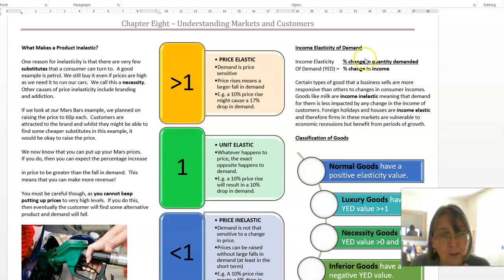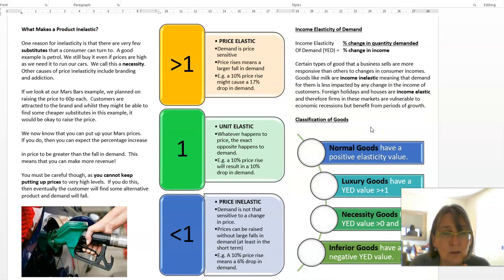Usually, when the population's income goes up, then people start buying more goods. There is one exception to this, and that is inferior goods. Inferior goods are things that, when you have more money, you stop buying. Things like own brand.